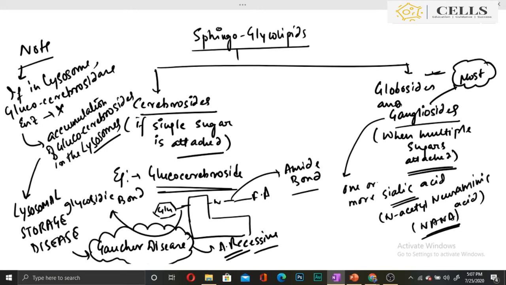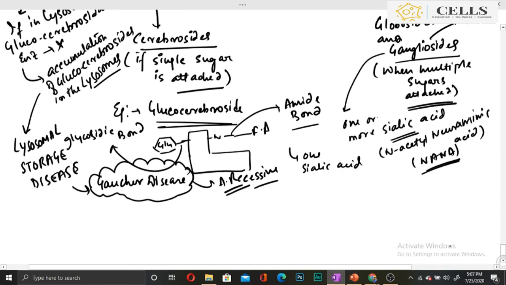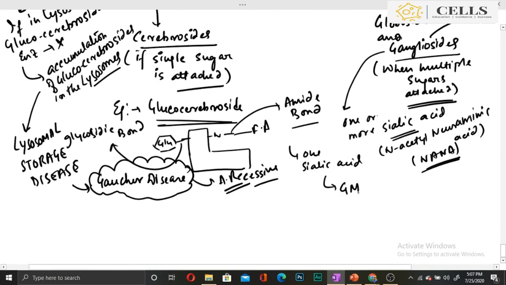Okay, so these sugars, N-acetylneuraminic acid or the sialic acids, are present in the gangliosides. Suppose one sialic acid is present, such kind of gangliosides are called GM gangliosides, meaning gangliosides having the monosialate condition.